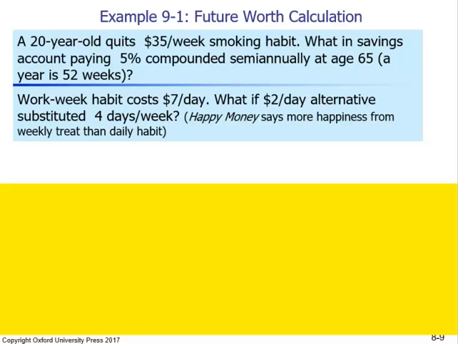An example that has two parts. Part A: a 20-year-old quits a $35 per week smoking habit. What would be in a savings account paying 5% compounded semi-annually at age 65?